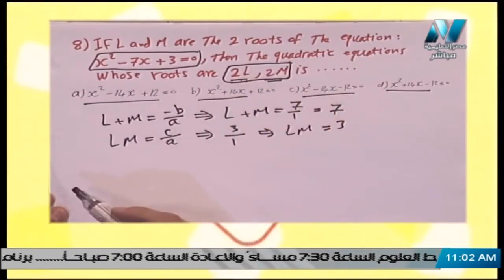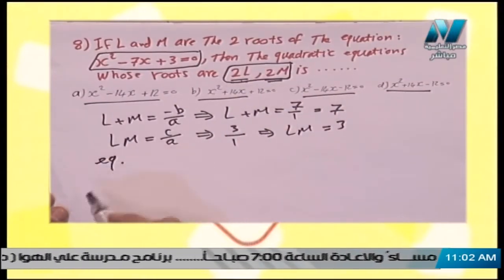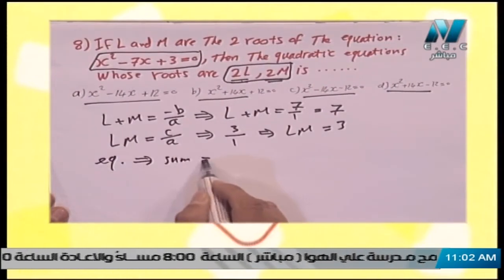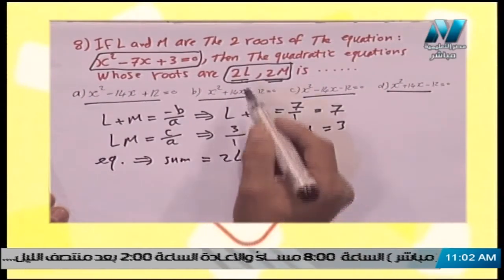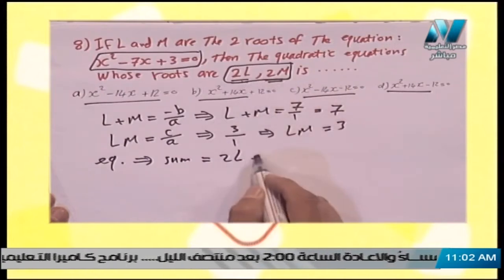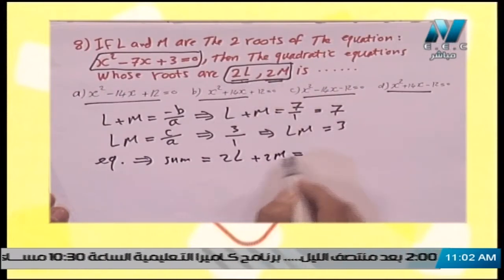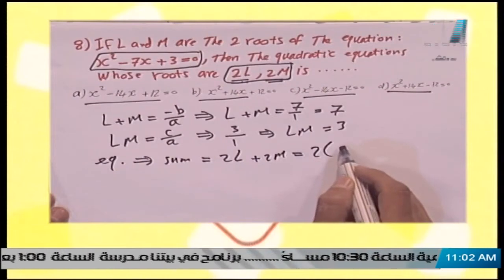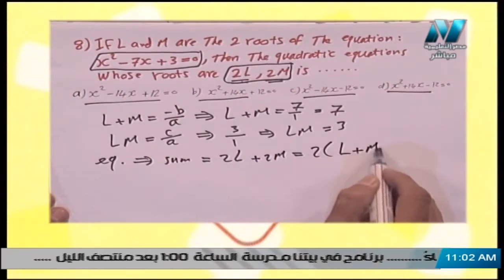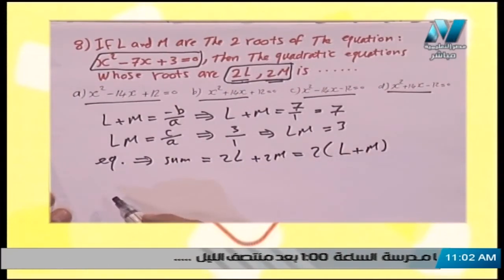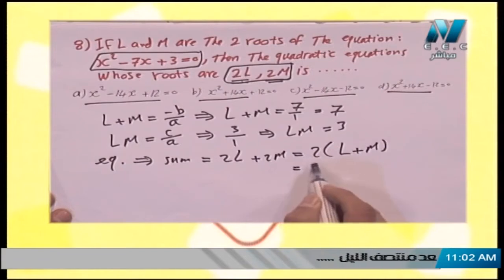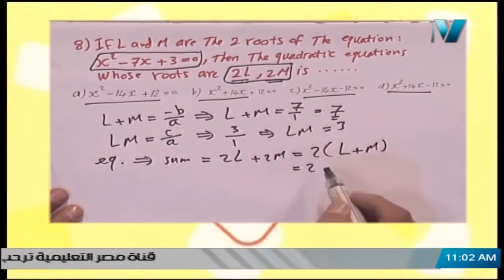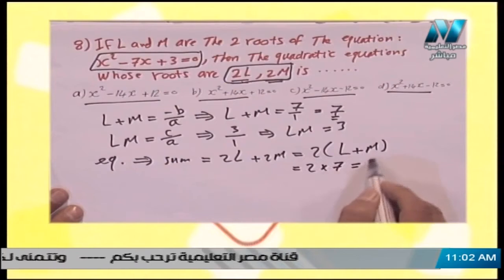From the equation, we would like to make another equation that has the roots 2L and 2M. For the required equation, the sum equals 2L plus 2M. By taking 2 as a common factor, 2 will be multiplied by L plus M, which equals 7, so it equals 14.